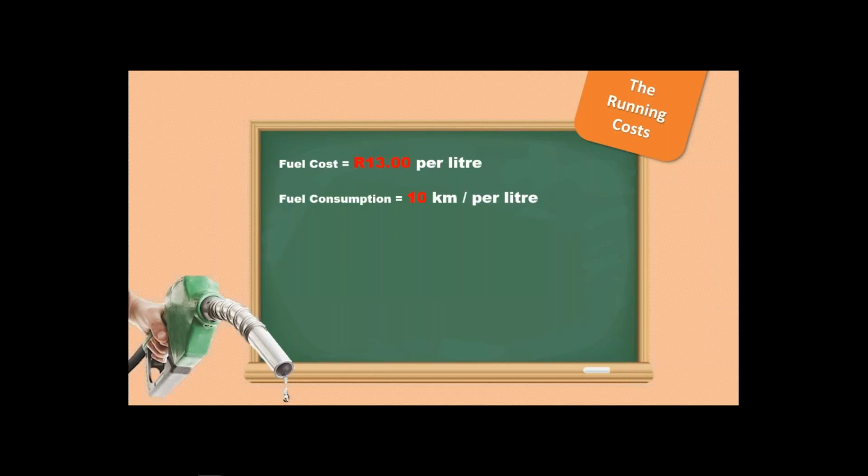So if your fuel consumption is 10 kilometers per litre, it's 13 Rand divided by 10, and it gives you 1 Rand 30 per kilometer. Robert says he has to charge 3 Rand per kilometer on his 3.3 litre. So there you go. For every kilometer that you're going to drive with petrol, which is common with everybody, you have to recover 1 Rand 30 per kilometer. Simple as that.